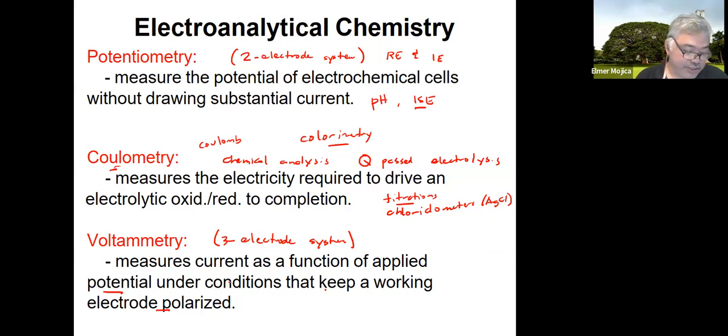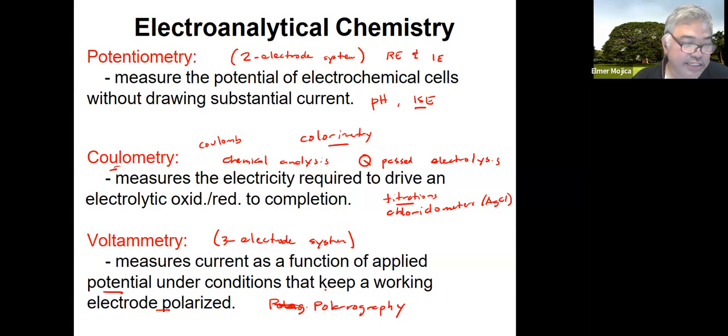Now for voltammetry, the technique is used to observe current and voltage during the electrochemical process in order to determine the concentration of especially metal cations. And maybe one of the things that you have here is the so-called polarography, the one that has the dropping mercury electrode.